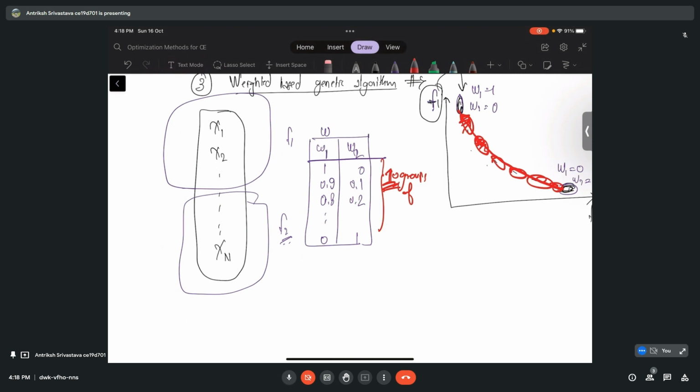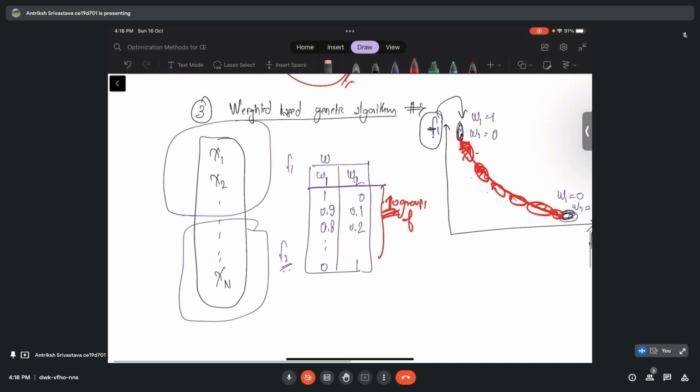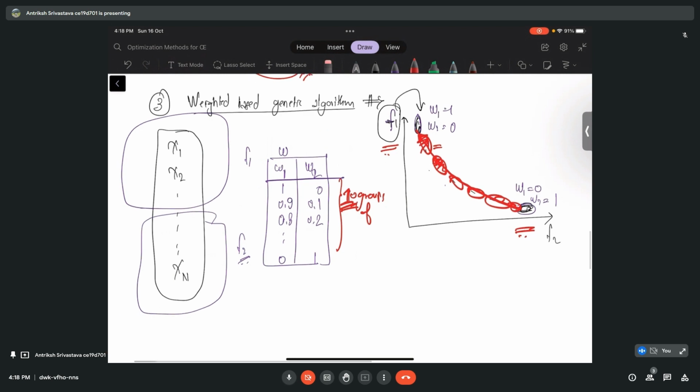That is done based on the distances of the solutions, that is x, from the objective function space.